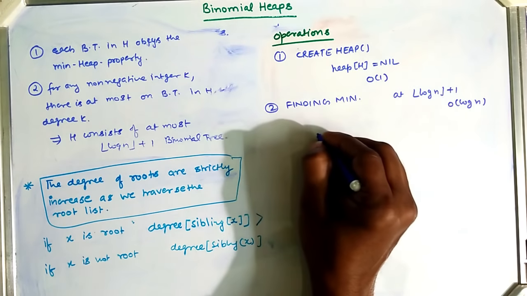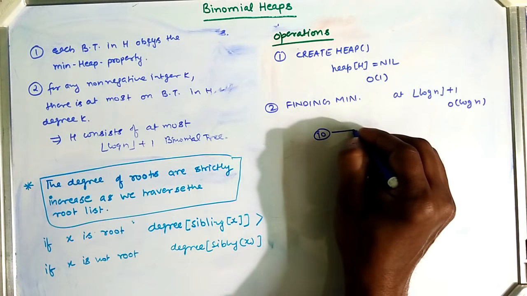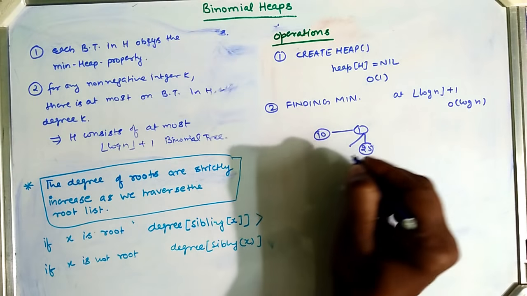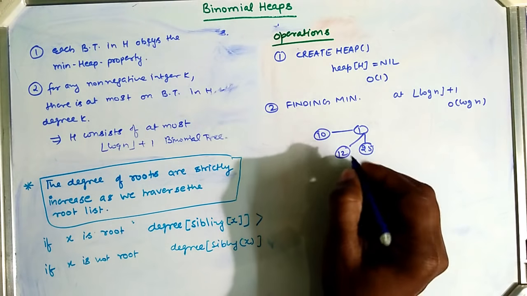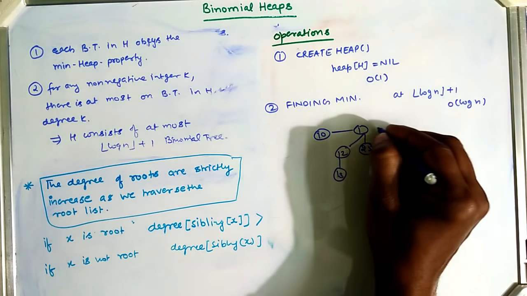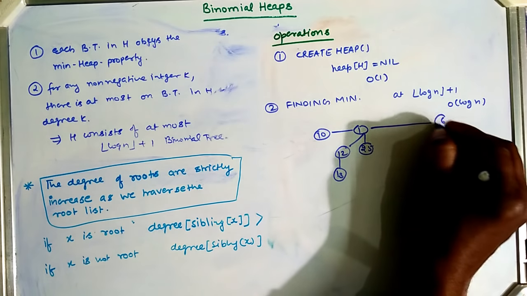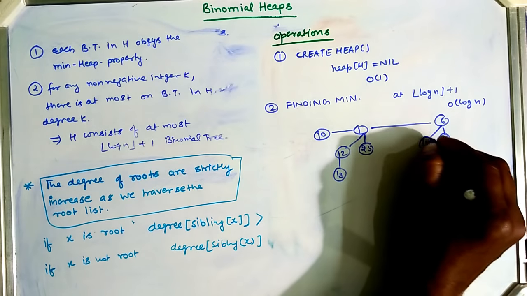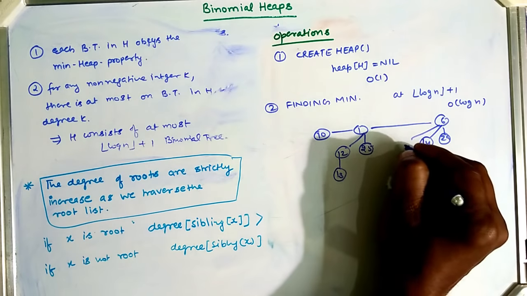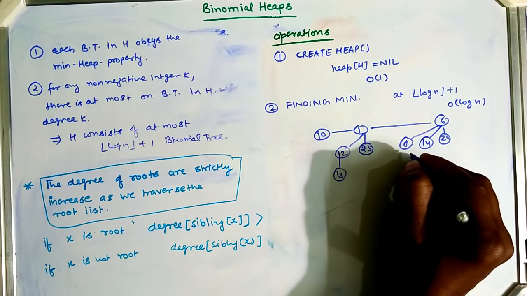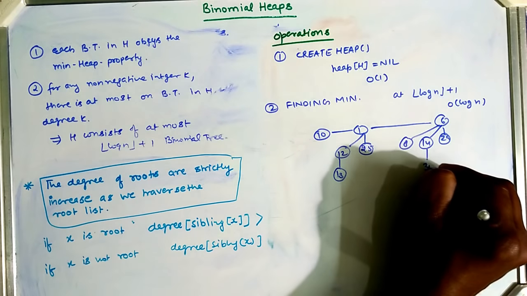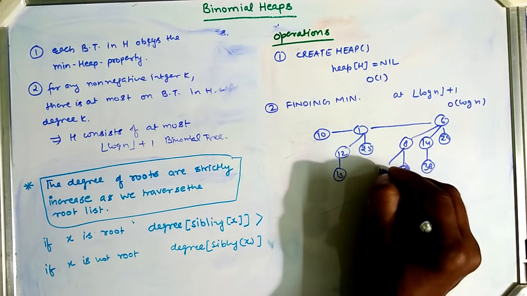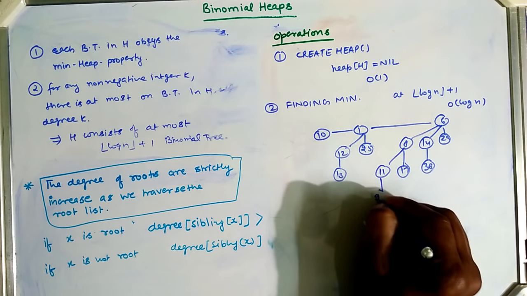So let's say this is the given binomial heap, with 25, here it is 12 and 18, and then 6 with value 29, 14 and 8. Then this value is 38 and this value is 17, then here is 11 and here is 27.